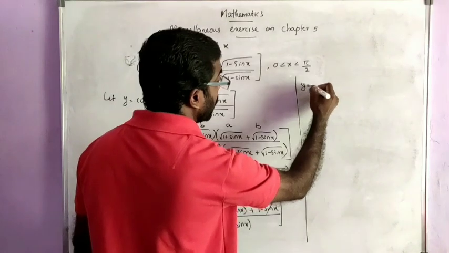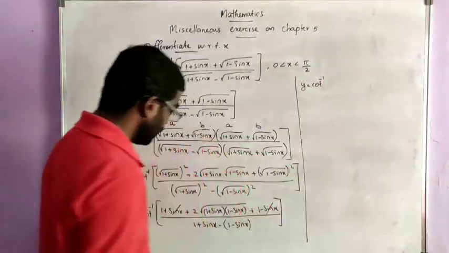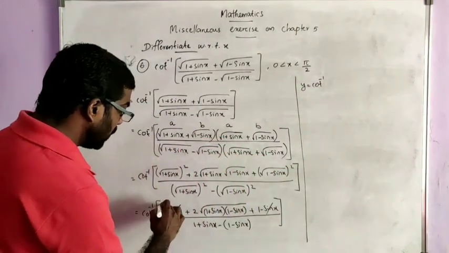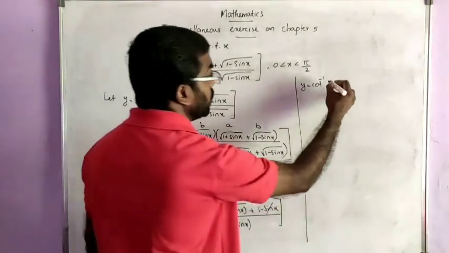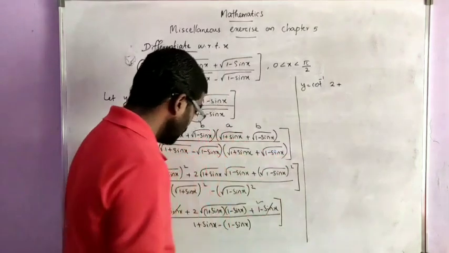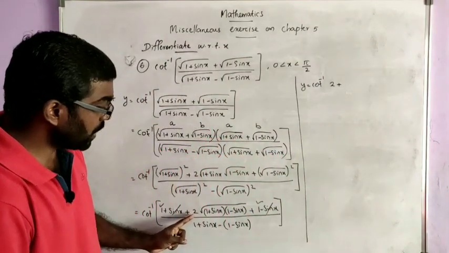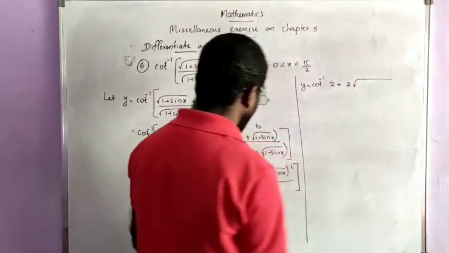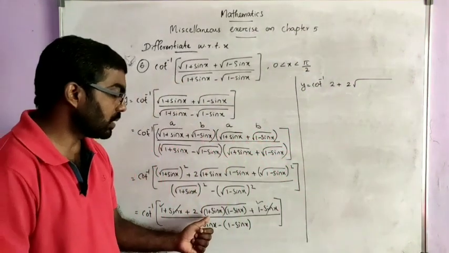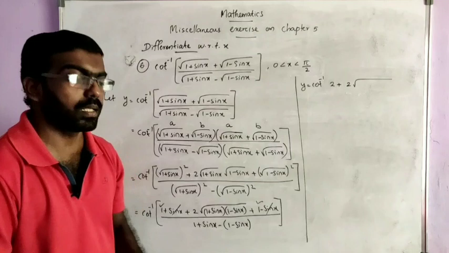So y is equal to cot inverse, here the first term is 1, here also 1, 1 plus 1 is 2, 2 plus 2 into root of 1 plus sin x into 1 minus sin x.